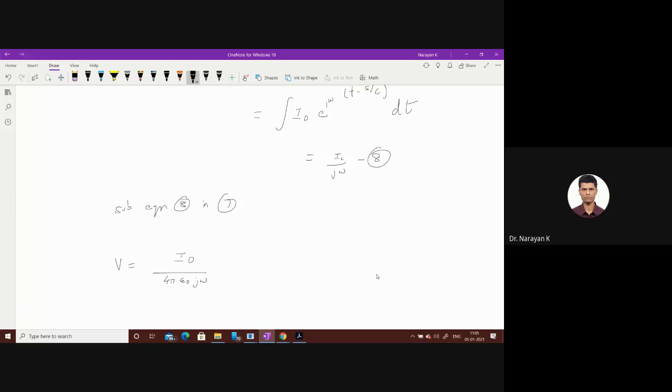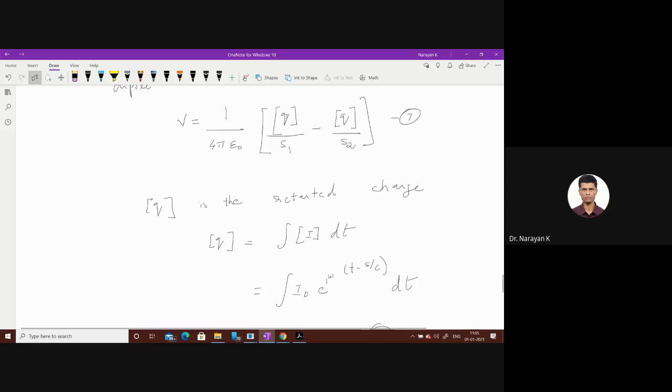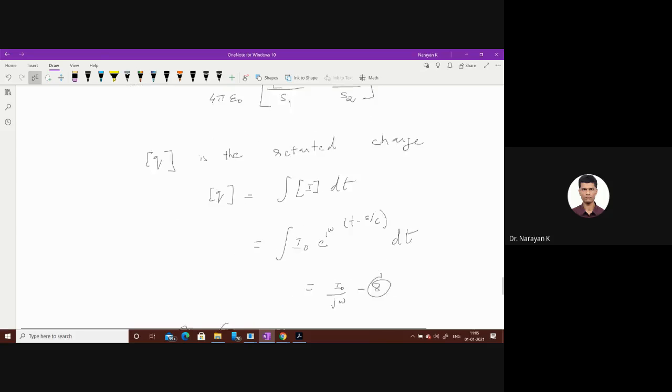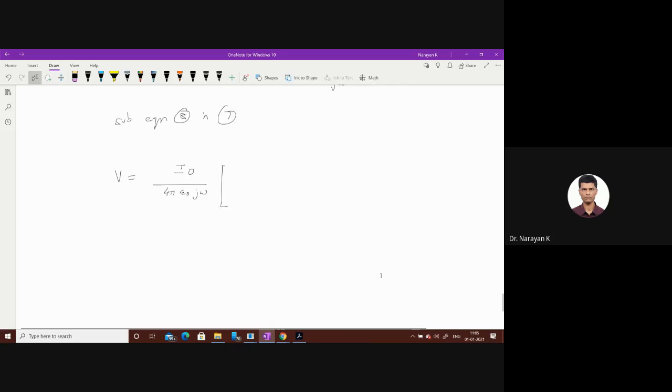So your retarded charge density, how should I write it? q is I naught e raised to the power j omega t minus s by c divided by s1.